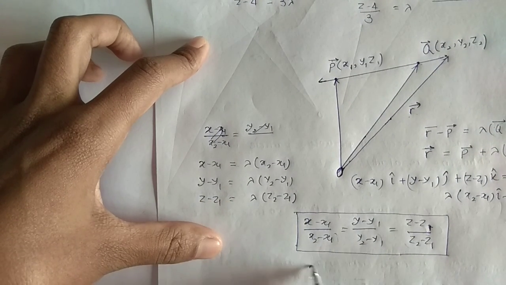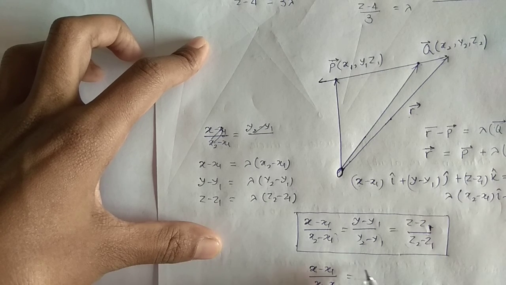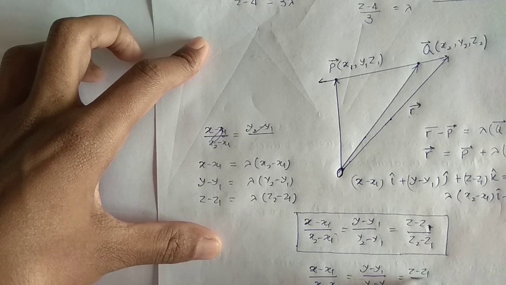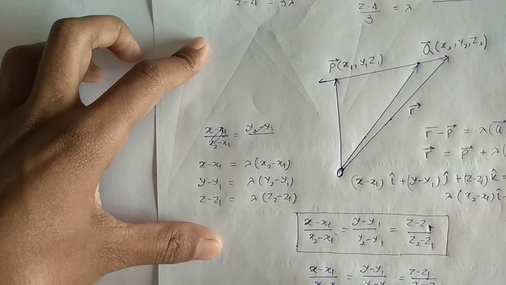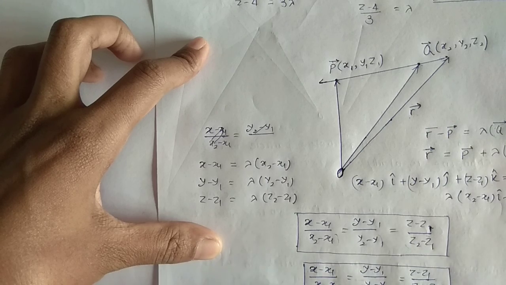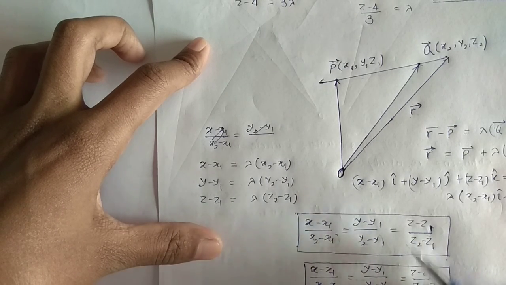You may also write x minus x1 by x1 minus x2, y minus y1 by y1 minus y2, and z minus z1 by z1 minus z2. This may be a Cartesian form. This is called the equation of straight line in 3 dimensions.